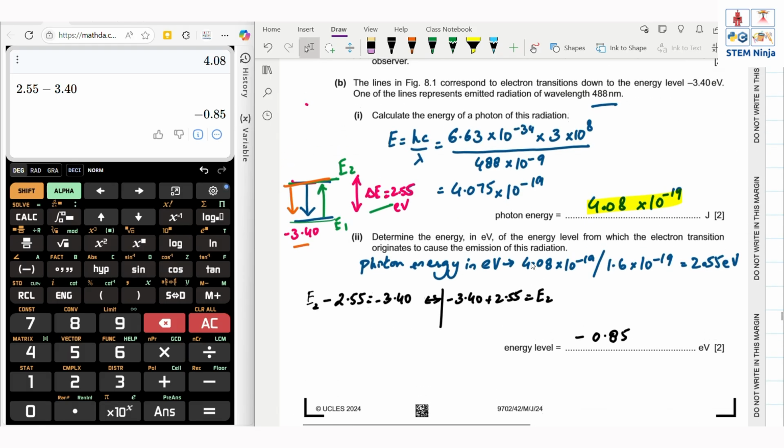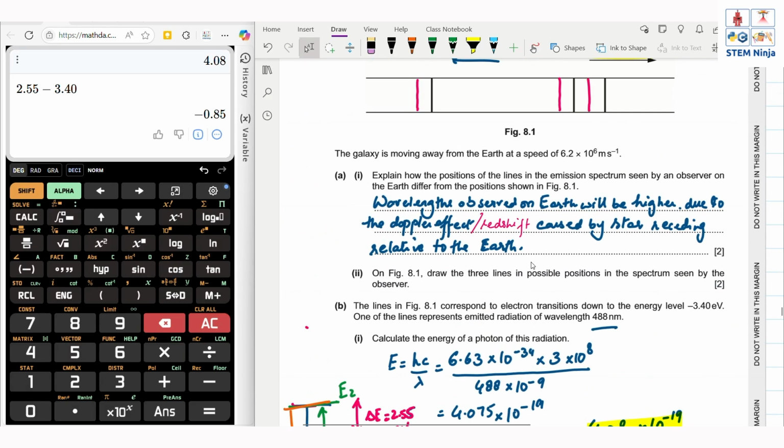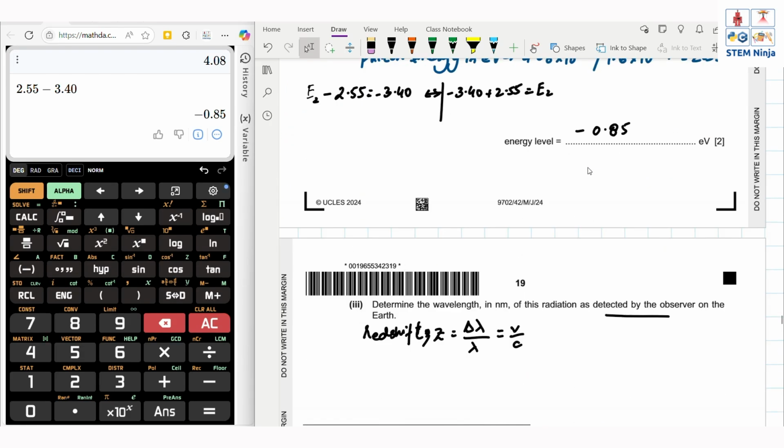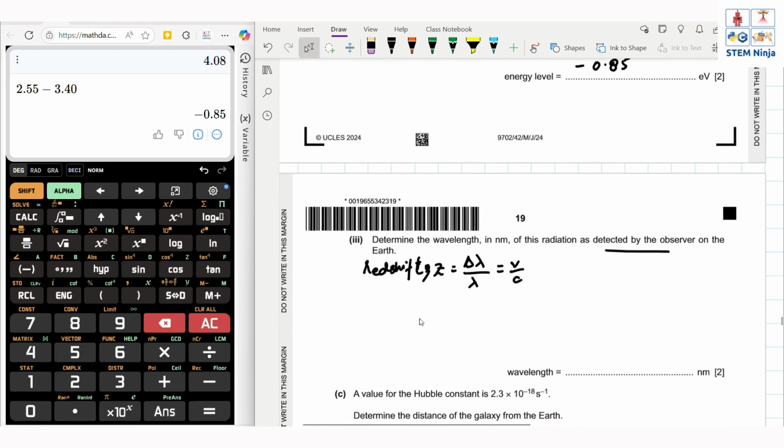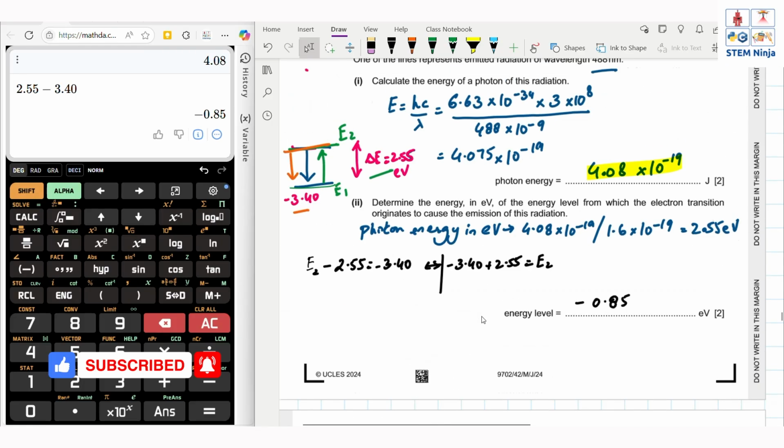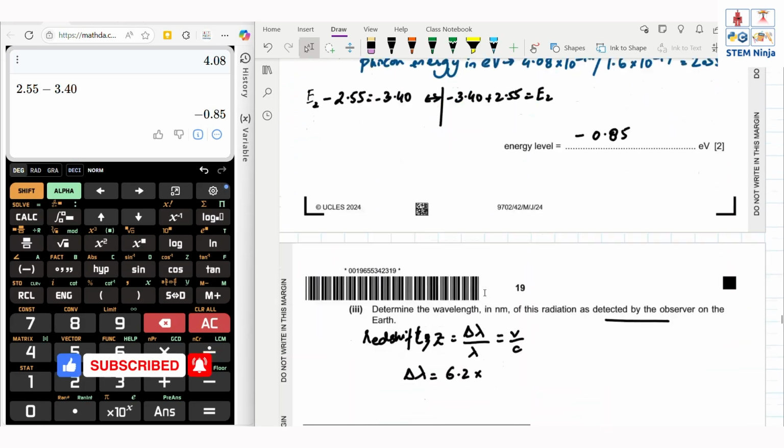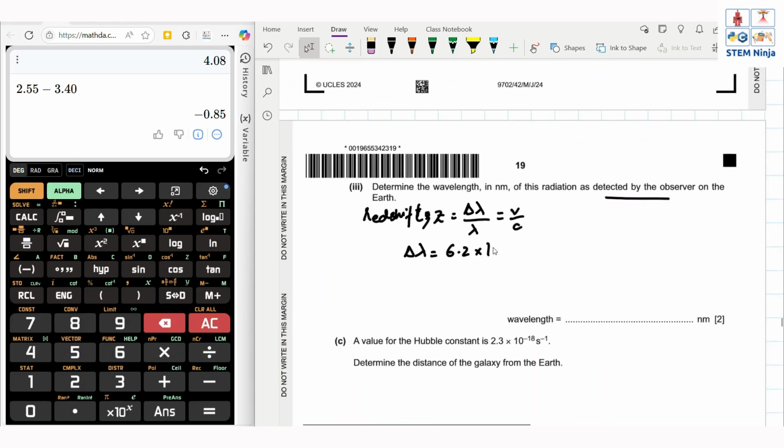right? So have they given us any? Oh, yes, they have given us the speed. So we first need to find out the change in lambda. So V is 6.2 times 10 raised to power 6. Speed of light is 3 times 10 raised to power 8.